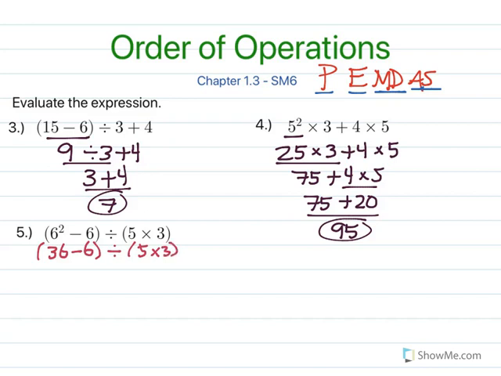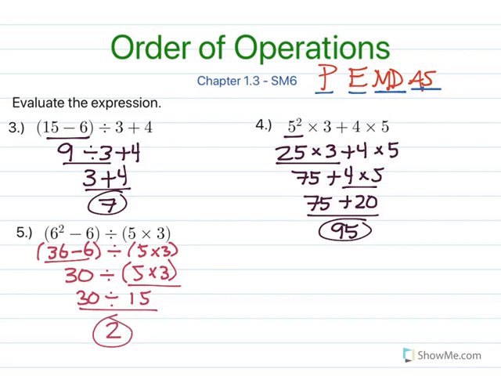Now I have 36 minus 6, which is 30, divided by 5 times 3. 5 times 3 is 15. So I have 30 divided by 15, which gives me 2. And that is the solution to this problem.